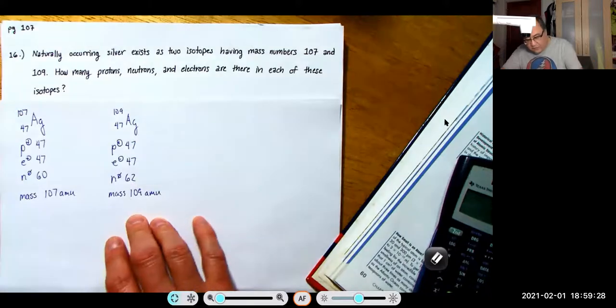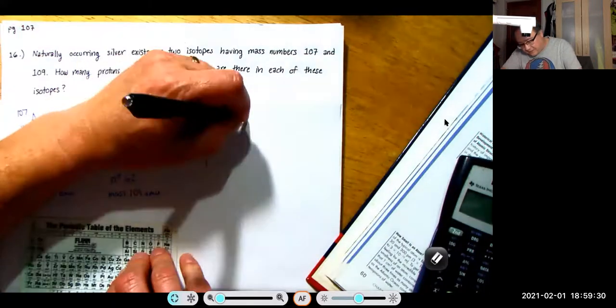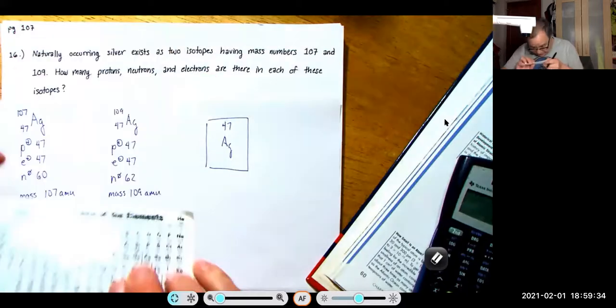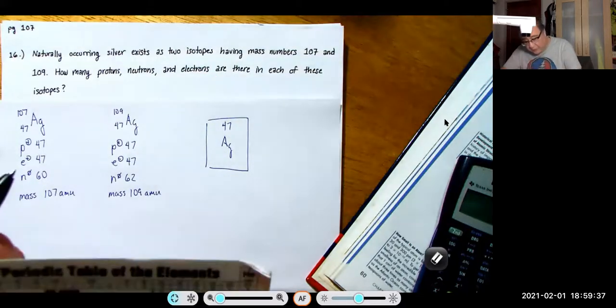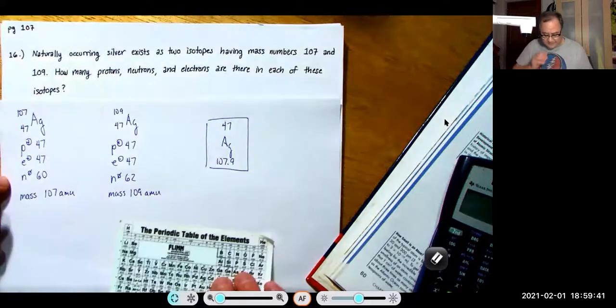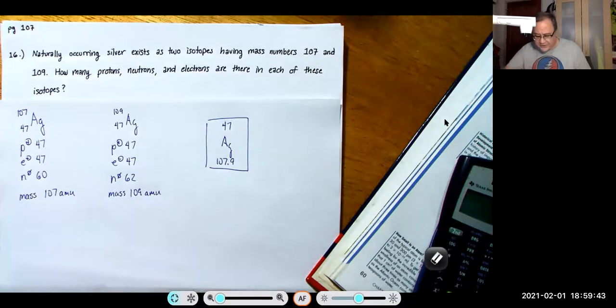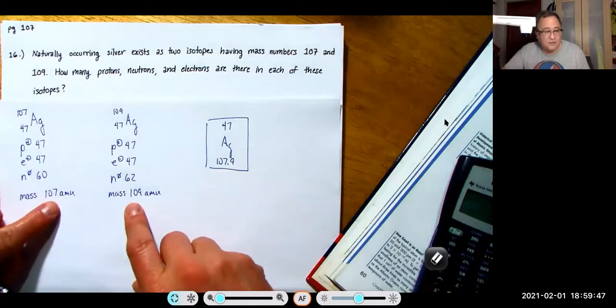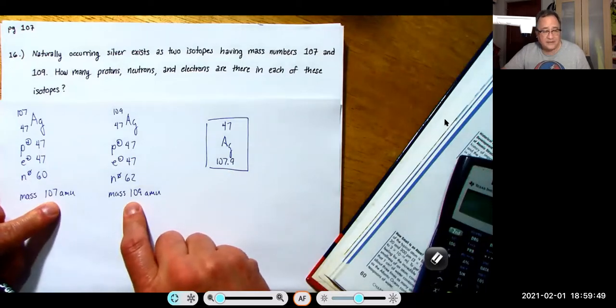Now, if we look at the silver element here on the periodic table, on the bottom it says 107.9. Okay, so this is an interesting number. What is the average of 107 and 109? The average is 108.